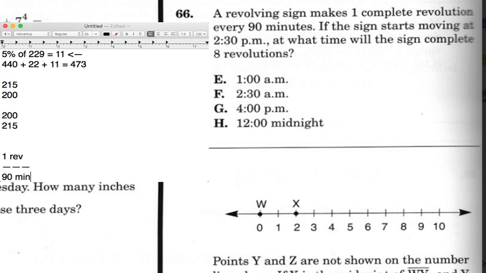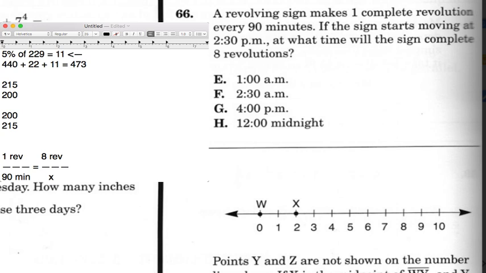If the sign starts moving at 2:30, at what time will the sign complete 8 revolutions? So what we really want to do is figure out how long it takes to do 8 revolutions. Let's just call that X. It could be a question mark, it could be anything.